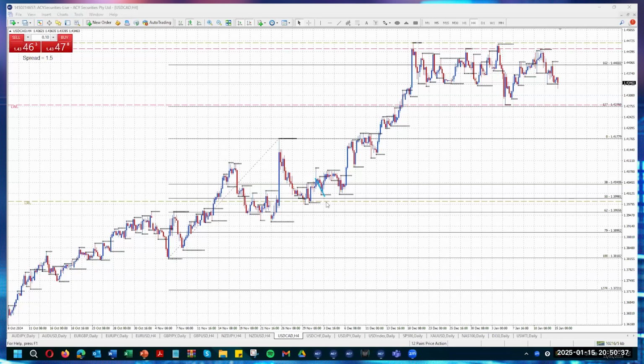And it would have been good if price could come down to the 62% level or the 79% level of that monthly candle range before then, of course, exploding up. That would have been a great positional play, but it didn't quite give you that.